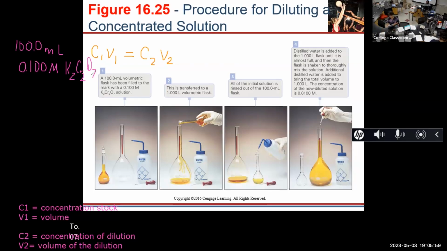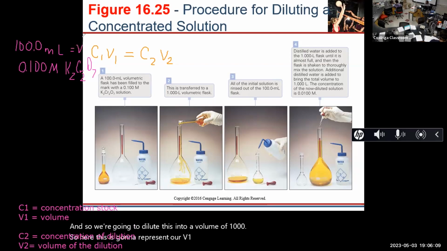Okay, and so we're going to dilute this into a volume of 1,000. So here this is going to represent our V1. This here is going to represent our C1. And as I told you, we're going to dilute it to a volume of 1,000.